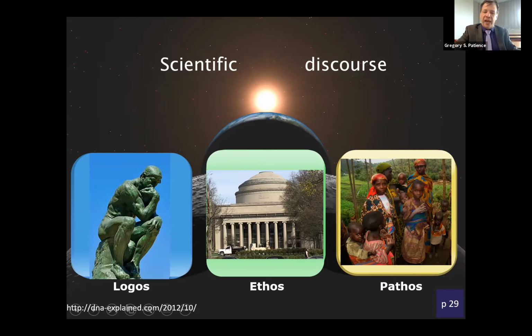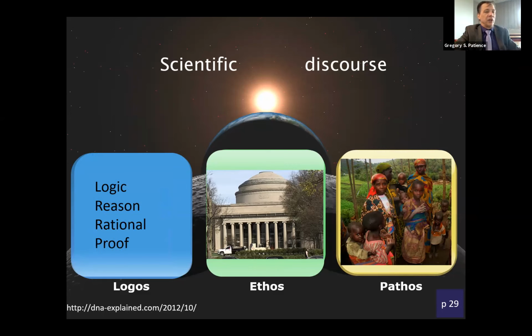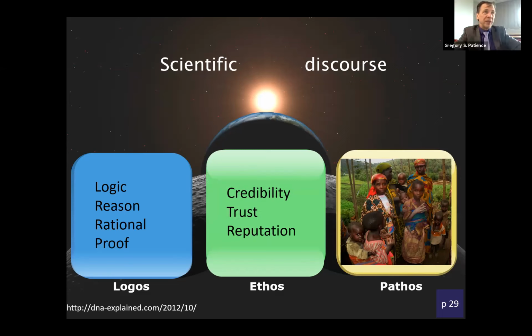Here, what we have to concentrate on are all 3 aspects when we're writing an article. So logos is the one that's obvious, that you have logic, reason, rationale, and proof. Okay. Why do we need ethos? Well, ethos has to do with your credibility, trust, and reputation. For example, somebody from MIT has more probability of getting accepted faster than somebody from Burundi.